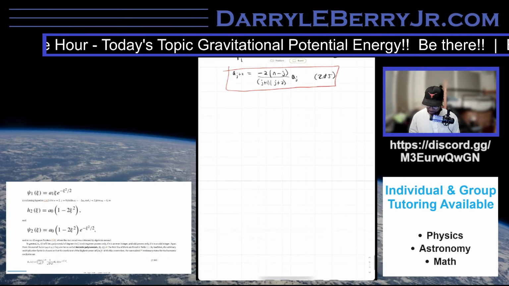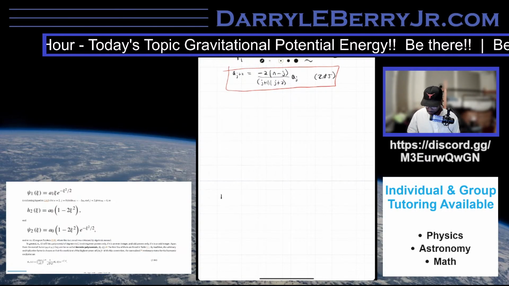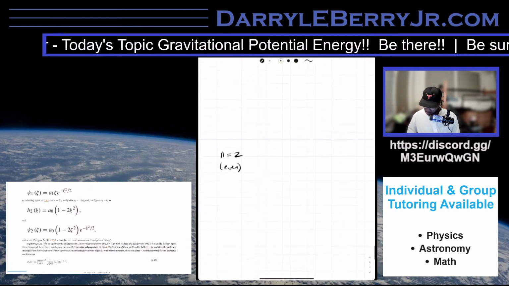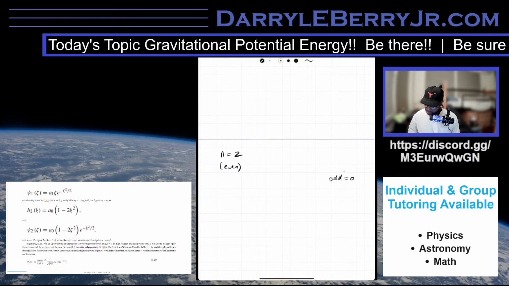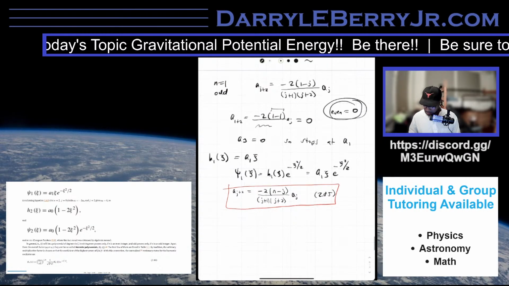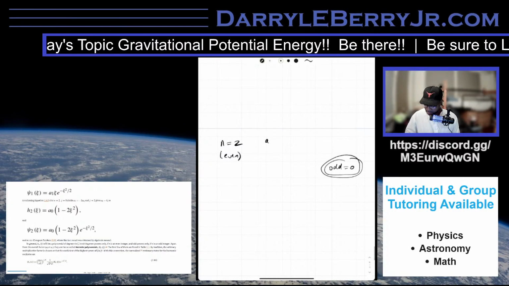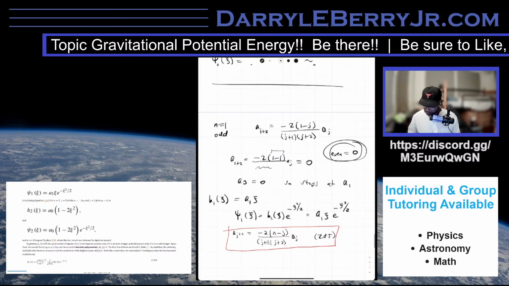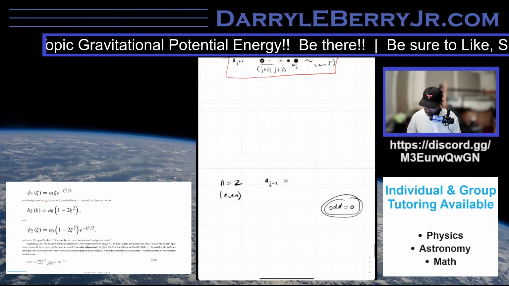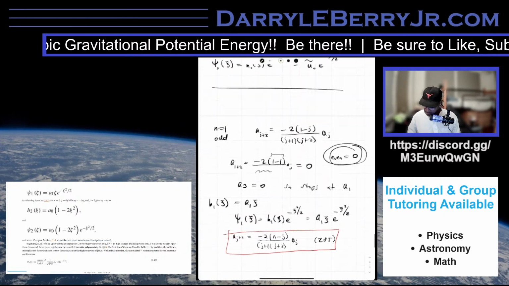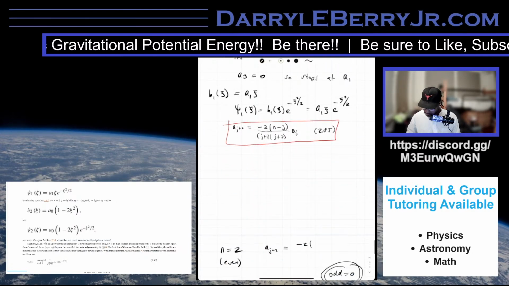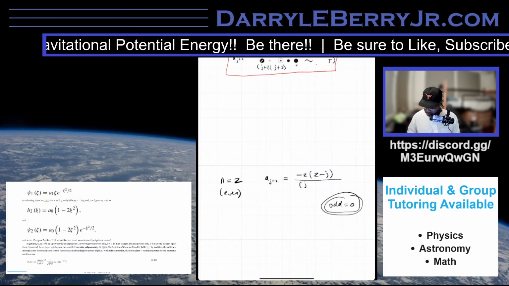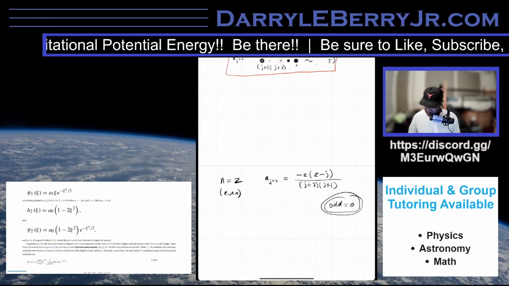So now we have n equals 2, which is even. So all the odds are going to equal 0. So we end up with a(j+2) equals -2 times (2 minus j) over (j+1)(j+2).